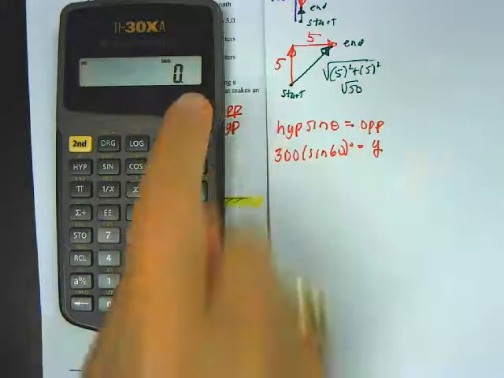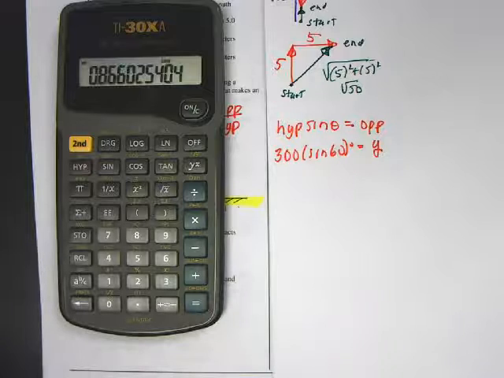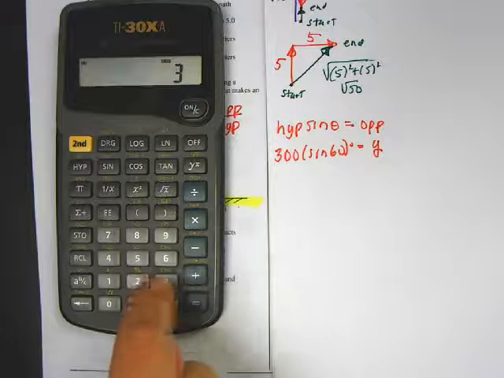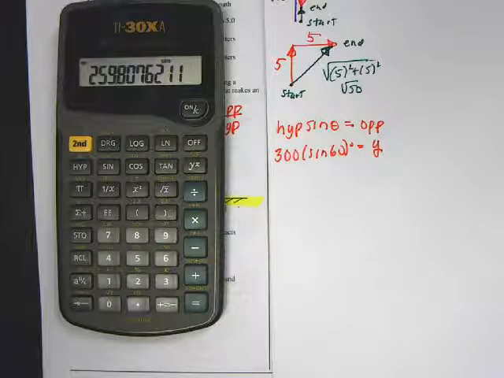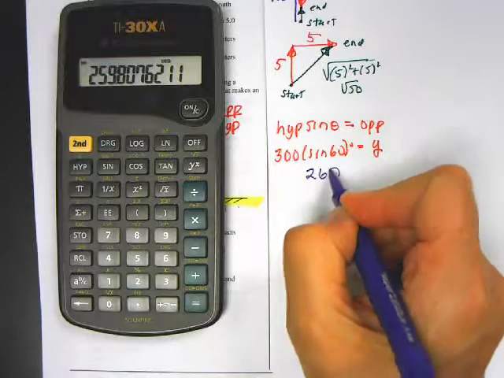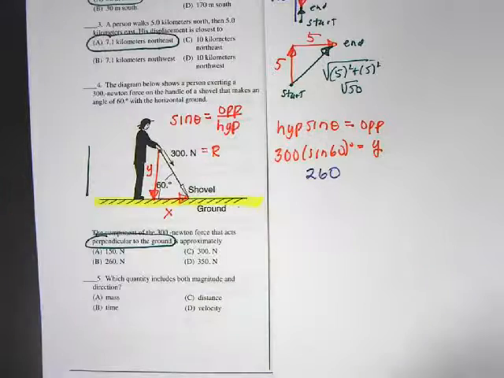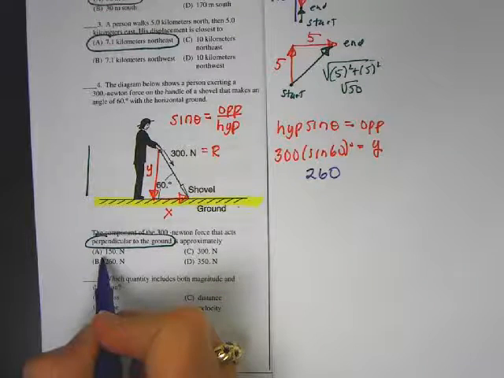So I press on the calculator 60 sine, and it says 0.866 times 300 equals, and then it says 259, which would be 260. And that is choice B.